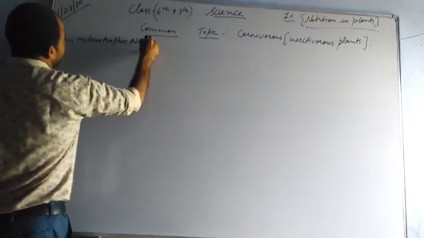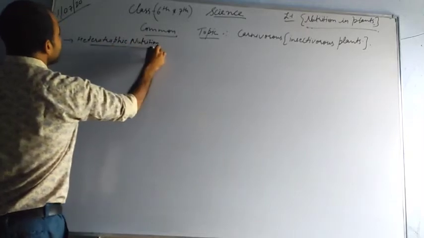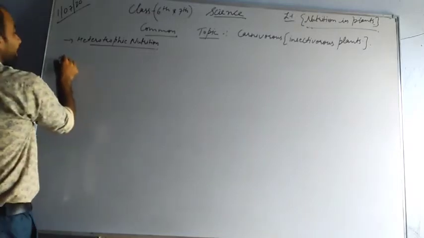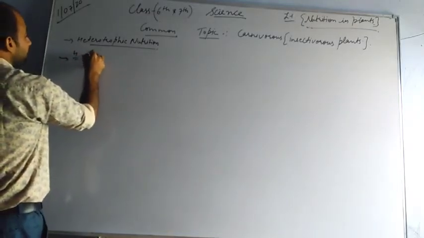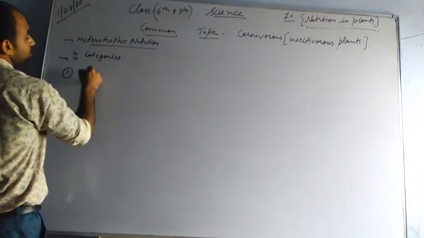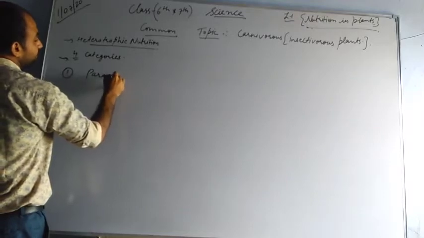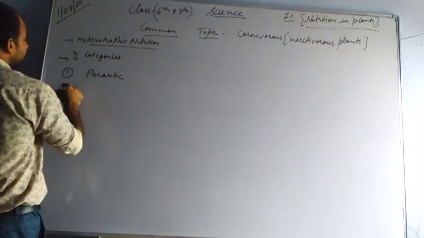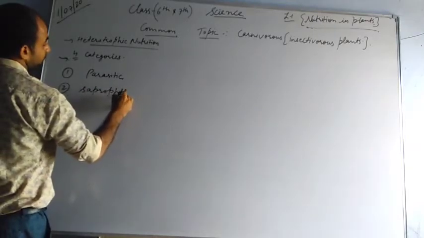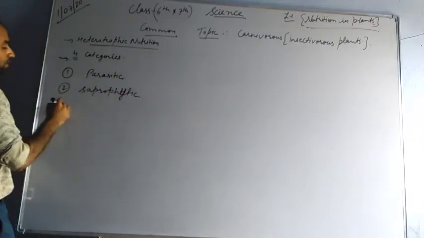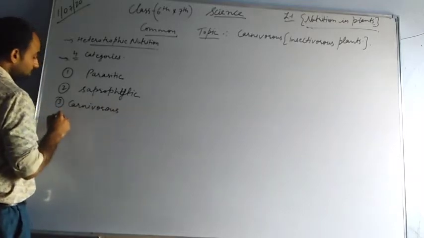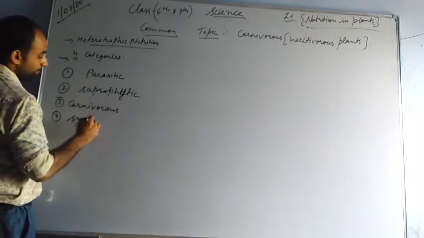In heterotrophic nutrition, according to the mode of nutrition, plants are divided into 4 categories. Total how many categories? 4 categories, out of which the first one was parasitic, the second one was saprophytic, the third one was carnivorous, the fourth one was symbiotic.